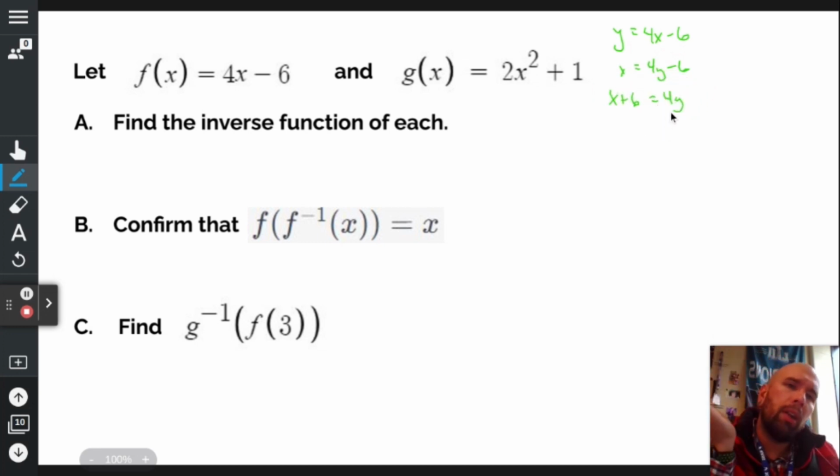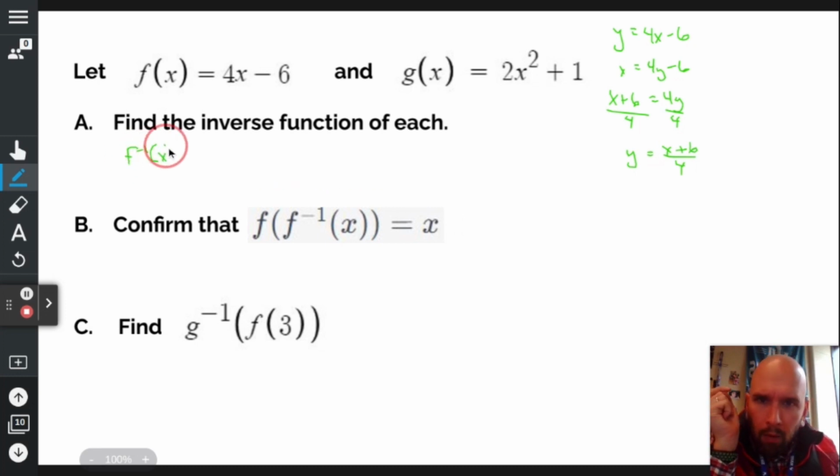Okay, divide everything by 4. Y is going to equal x plus 6 over 4. But the last thing we need to do is don't make it y, make it f inverse. f inverse of x equals x plus 6 over 4. Okay, f inverse. Bada bing.